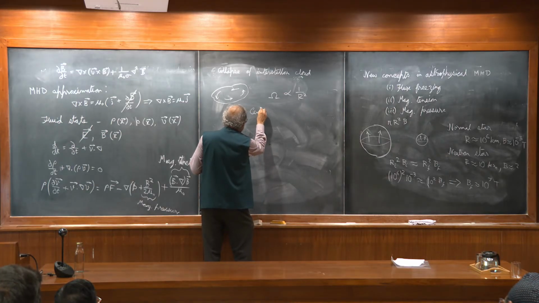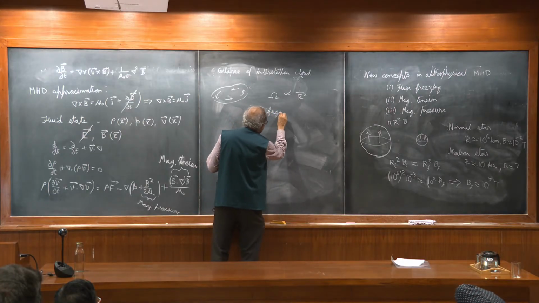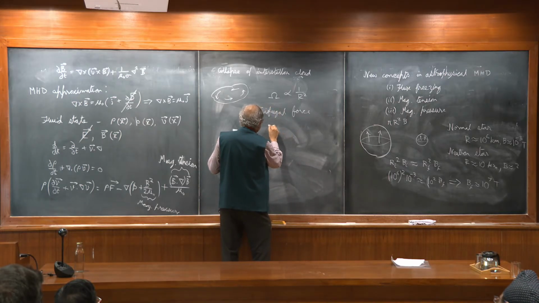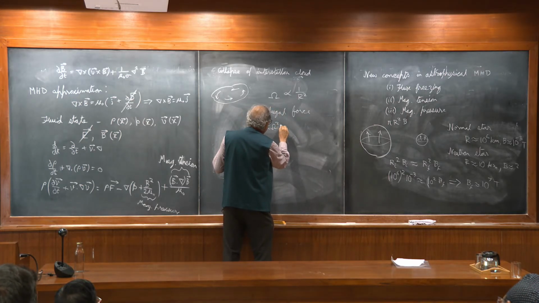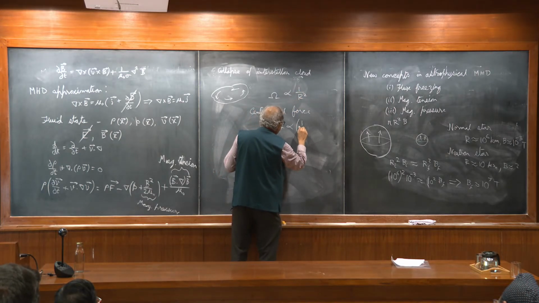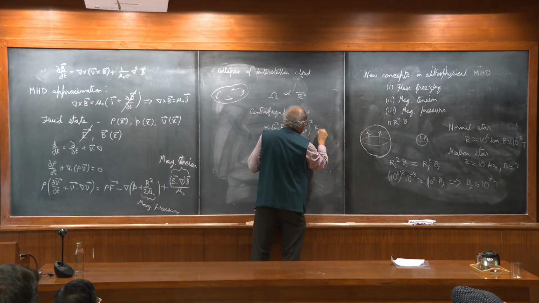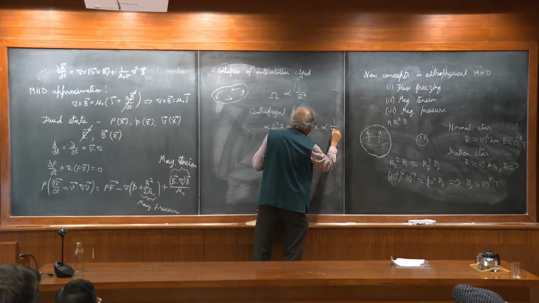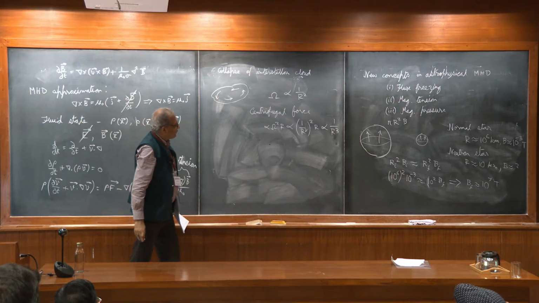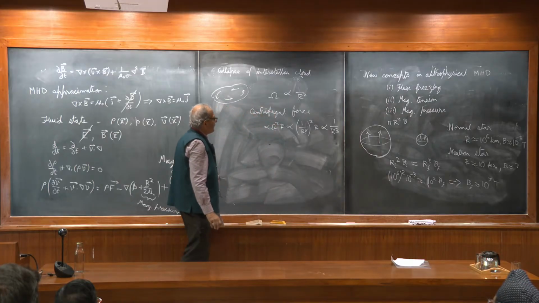So how would centrifugal force go up? Centrifugal force is given by omega square r, and omega increases as 1 over r squared, so it increases as 1 over r squared and r, so it increases as 1 over r cube. So as the gas cloud collapses, the centrifugal force becomes larger and larger, and the gravitational force also becomes larger.